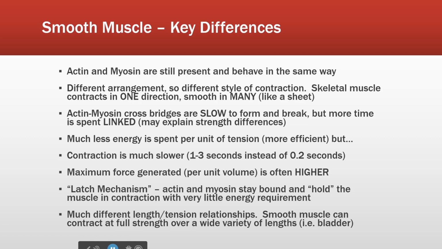And then the length-tension relationships, remember the graphs we saw today, are very different in smooth muscle. Smooth muscle can contract at full strength over a much wider range of lengths than skeletal muscle can.